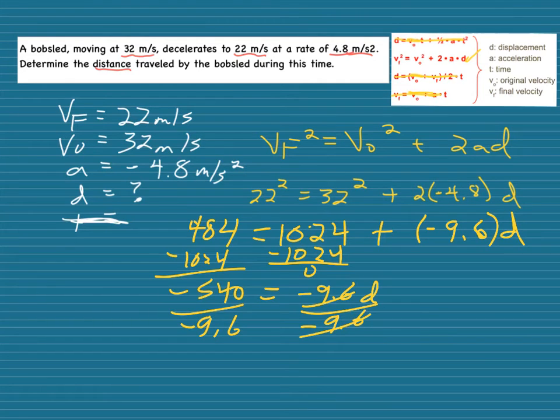And that's going to give me D being equal to 377.33, and that's going to be in meters.